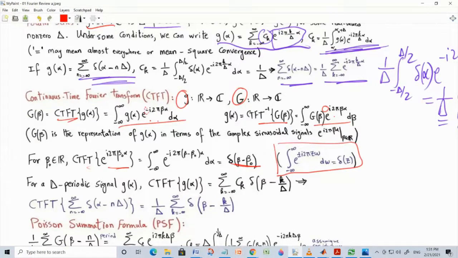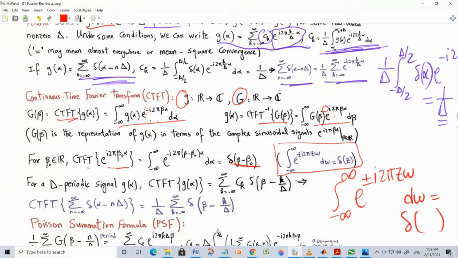Again, it is not a classical integral, but it's very useful. If you integrate from minus infinity to infinity e to the plus or minus i 2 pi zw with respect to one of these two variables, let's say w, this will give you a Dirac delta applied to the other variable. Those of you taking wireless communications, we applied this when we studied wireless channels. So it is very useful.